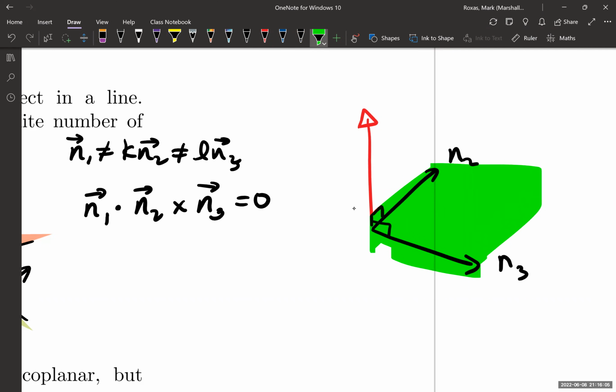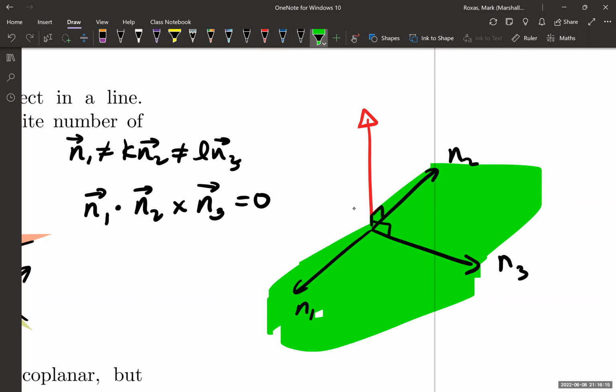Okay, so I'm going to create another vector, and here's n1. If n1 is coplanar with this plane, then I would know that's true if I took the dot product with my red vector and it's equal to 0. Then I know the red vector is perpendicular to n1.